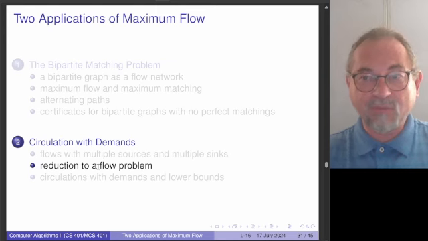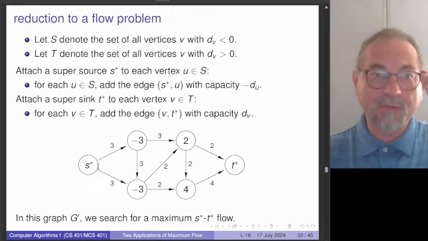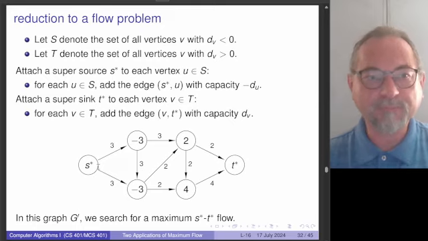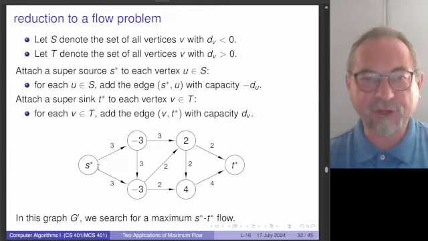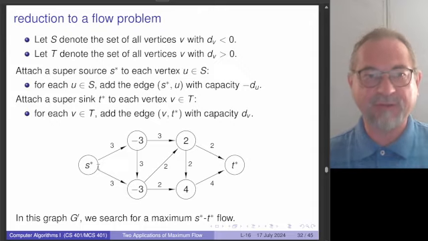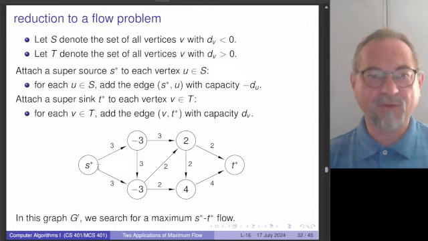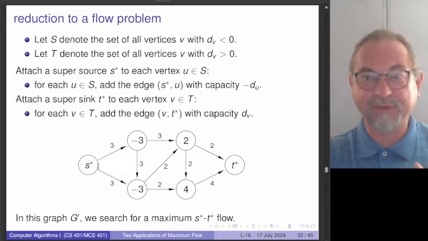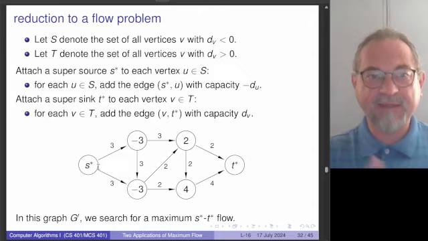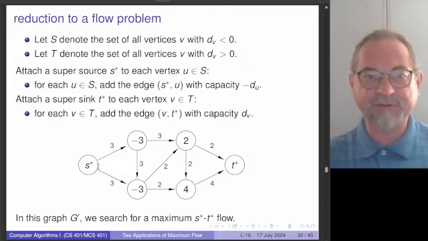Okay, so what does this mean now for a flow problem? Well, we can construct a new network where we have all the vertices that offer supply, where the demand is negative. And then we have the set of all the vertices where the demand is positive.